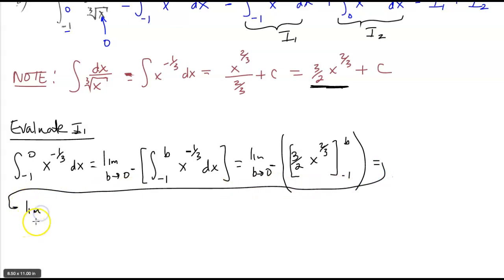So that'll be limit as b approaches 0 from the left again. So it'll be 3 over 2, and we will have b raised to the 2/3 minus -1 raised to the 2/3.